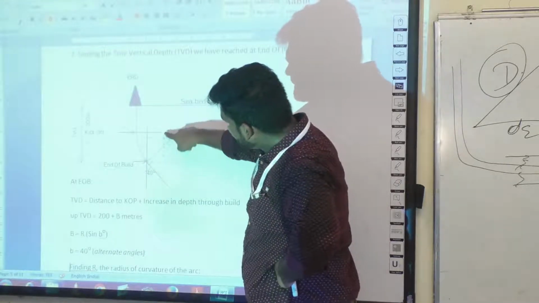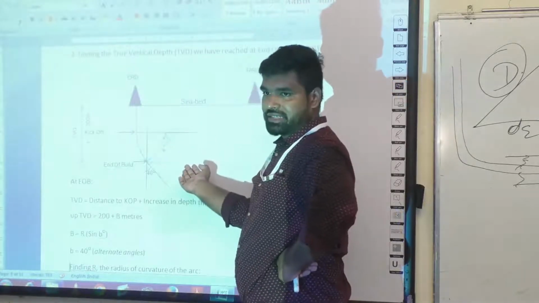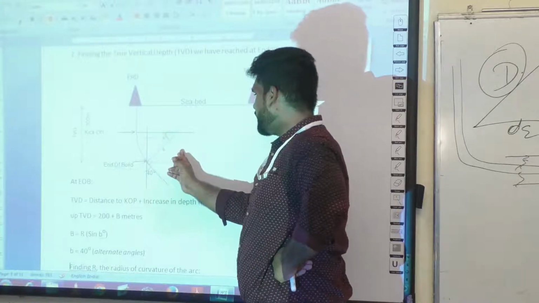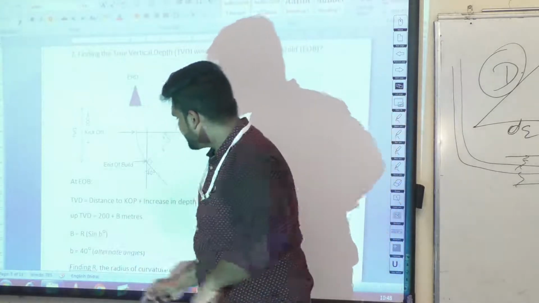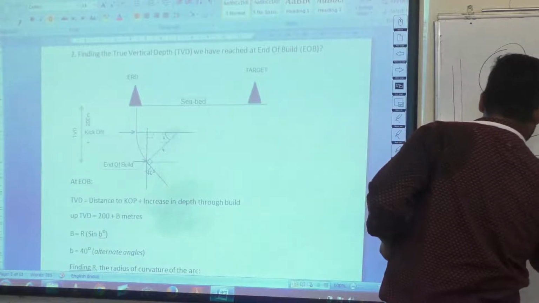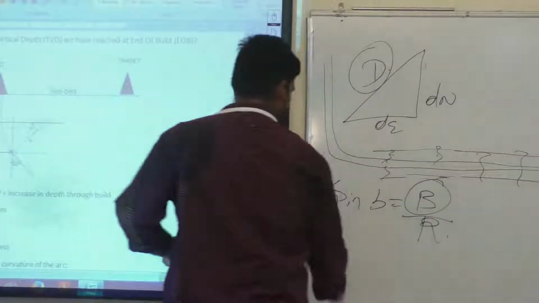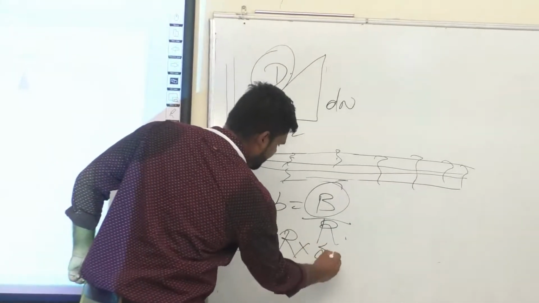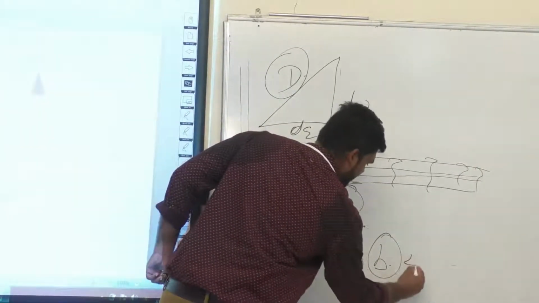So sin theta is equal to opposite by adjacent, sorry, opposite by hypotenuse. Okay, so sin 40 is equal to B by R, right? So you want this B. So B is equal to R into sin 40 degree, right?